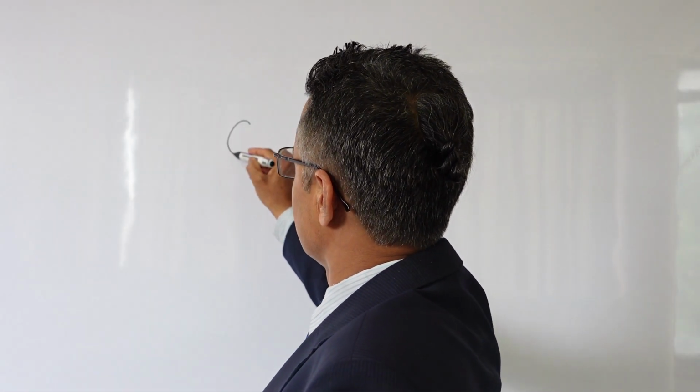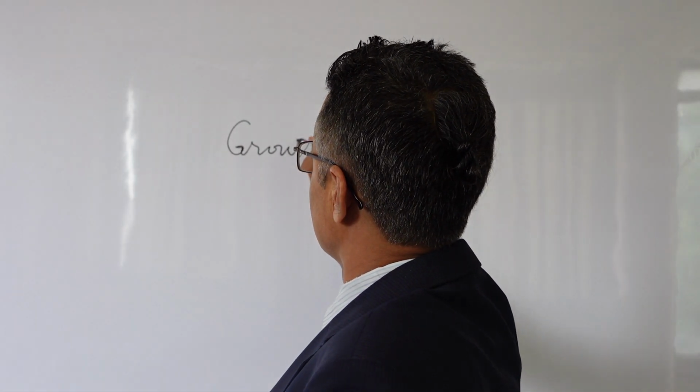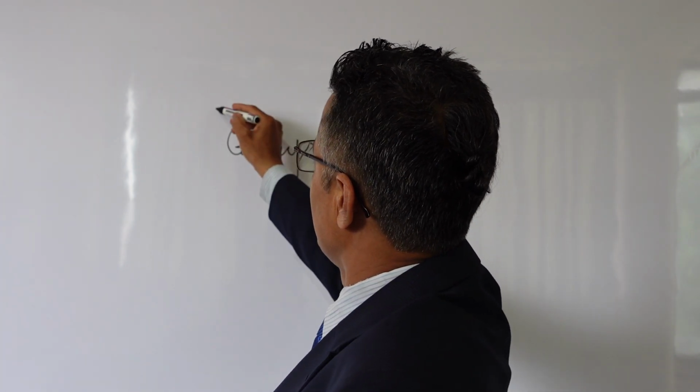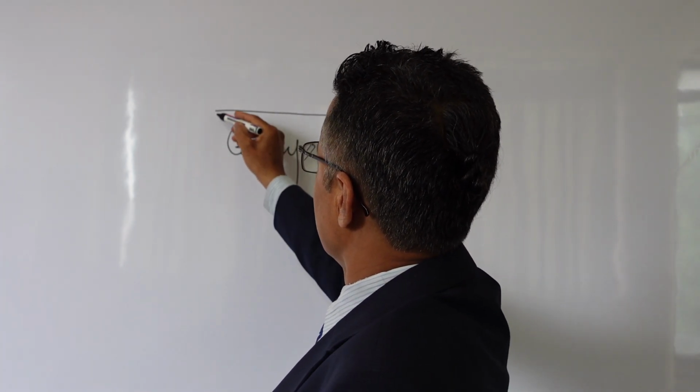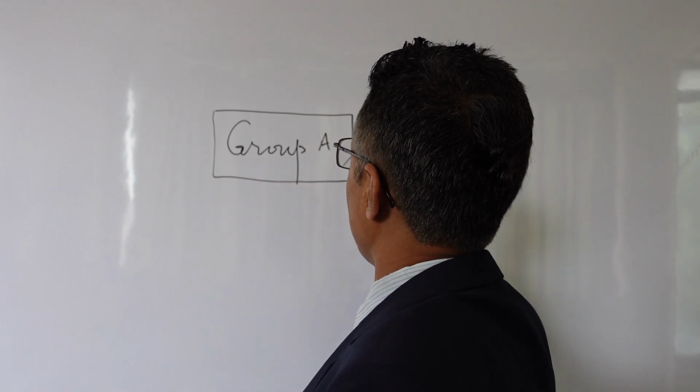For example, he writes group A. I don't know, it might be he or she. Sorry, I'm using he, don't take it otherwise. And he writes in group A, for example. Let me write here on the whiteboard. A, and then he puts that in a box.